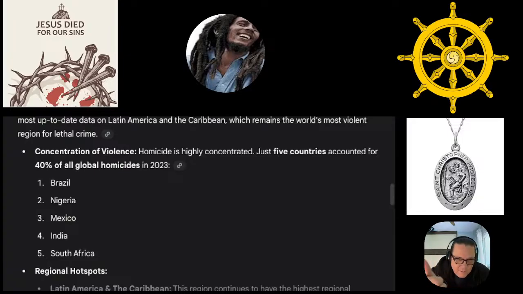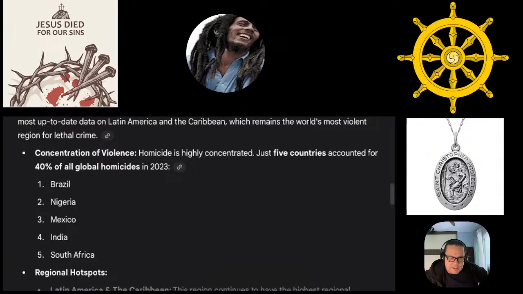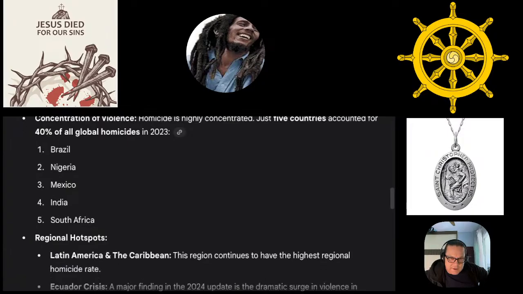Brazil, that's South America. Nigeria is Africa. Mexico is Central America. India is Asia, and South Africa is in the south of Africa, right? So just those five countries are responsible for 40% of all global homicides in 2023. That is amazing when you think about it.